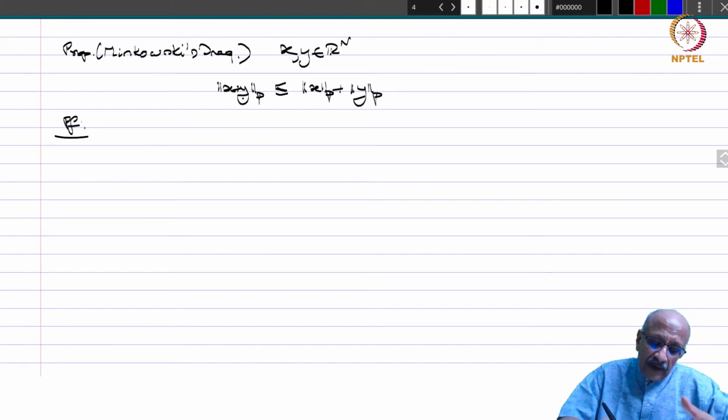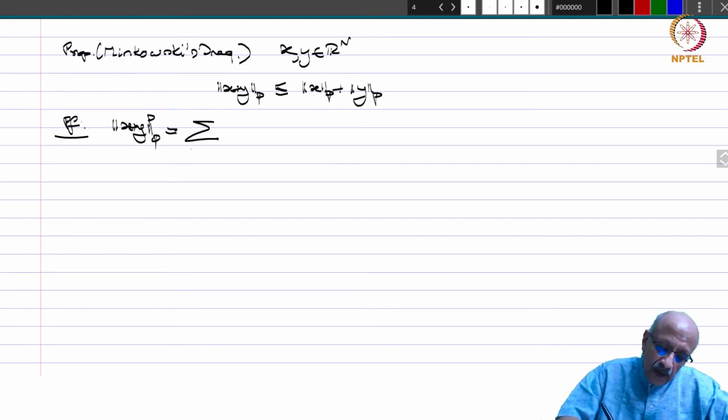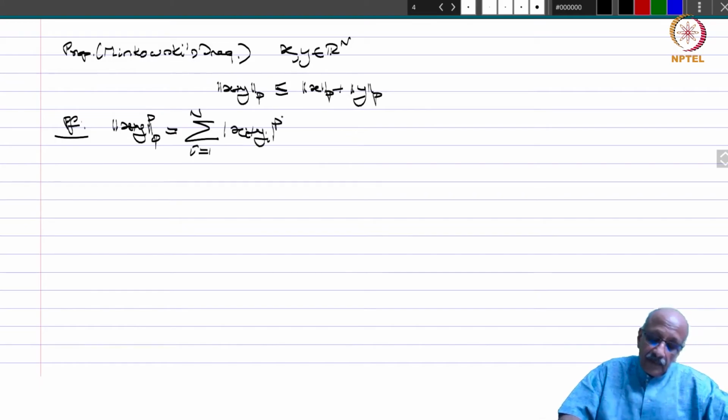So let us write the power p of the left hand side. So you have norm of x plus y, p, whole power p, is nothing but sigma i equals 1 to n |xi plus yi|^p.